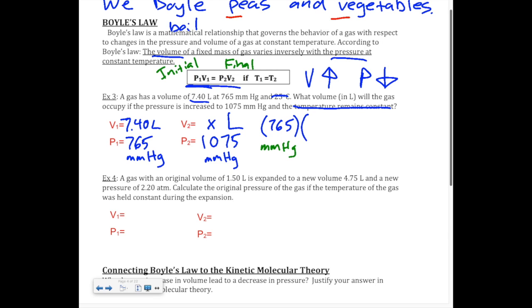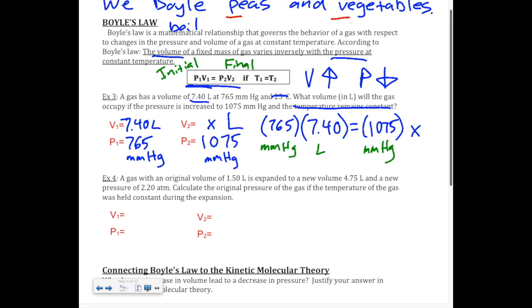I'm going to multiply by my V1, which is 7.4, and my unit is liters here. And that equals my pressure, which is going to be 1075 millimeters of mercury, and I'm going to substitute X in there.